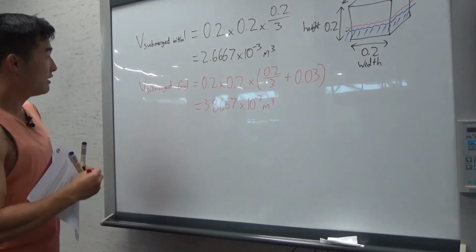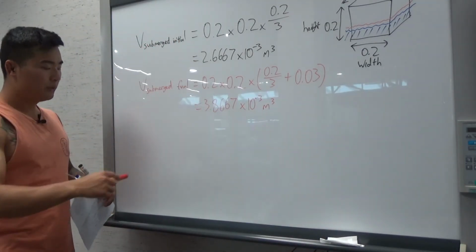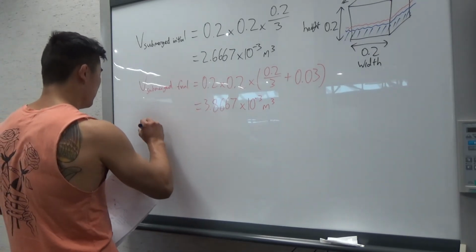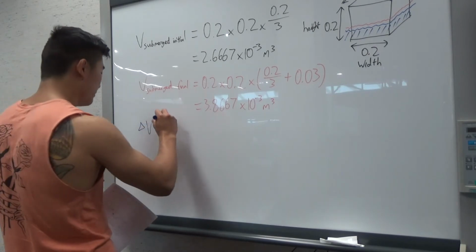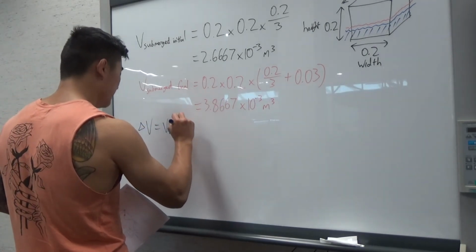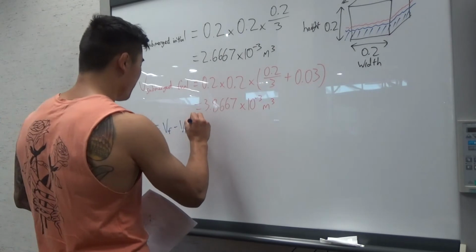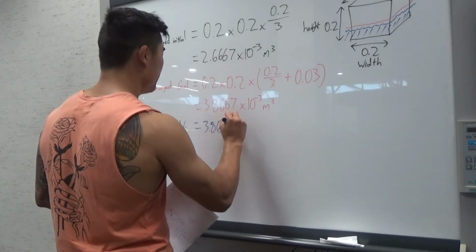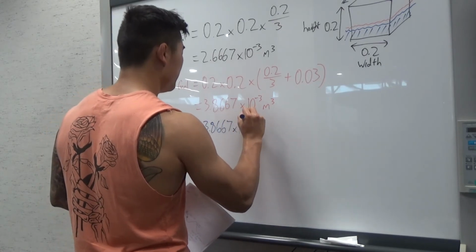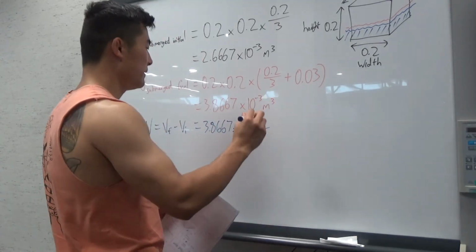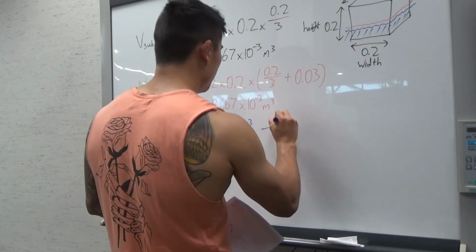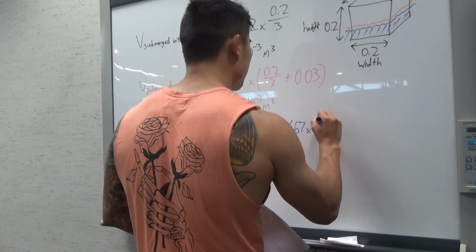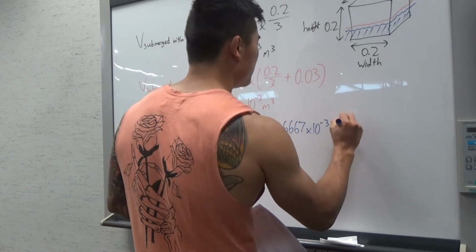Okay, so now we've got our initial volume and our final volume, so we can calculate our change in volume. So our delta V will be equal to VF minus VI, final minus initial. So that's going to be 3.8667 times 10 to the negative 3 minus our initial volume, which was 2.6667 times 10 to the negative 3 meters cubed.